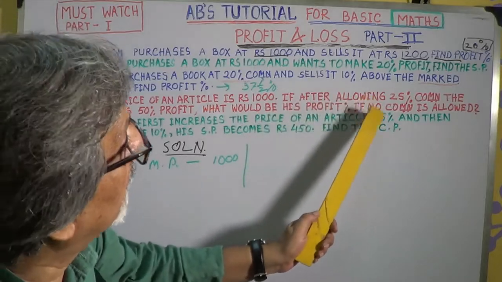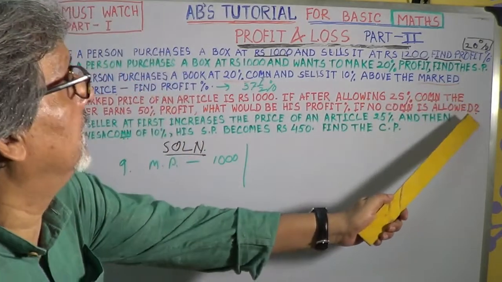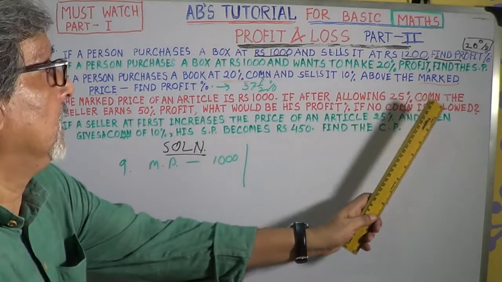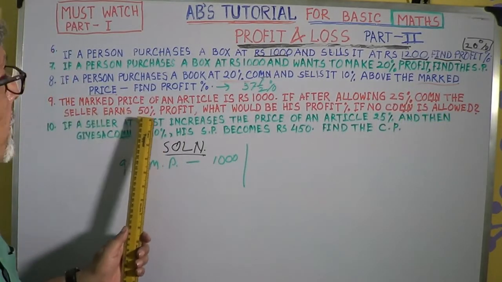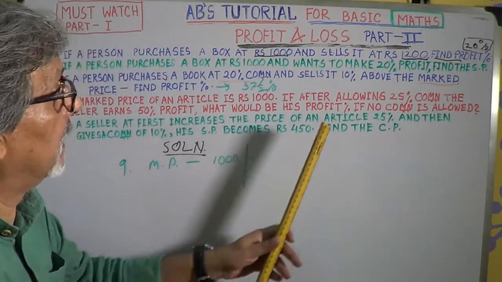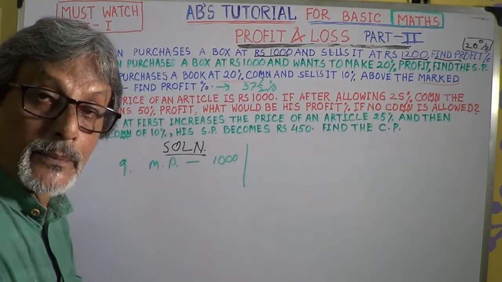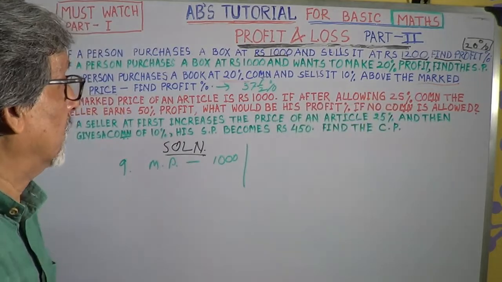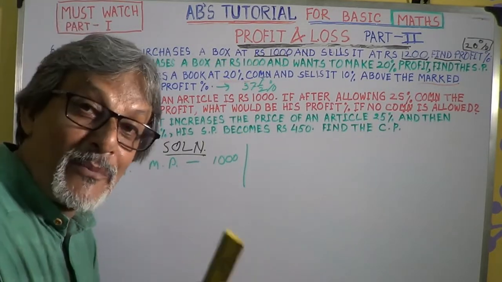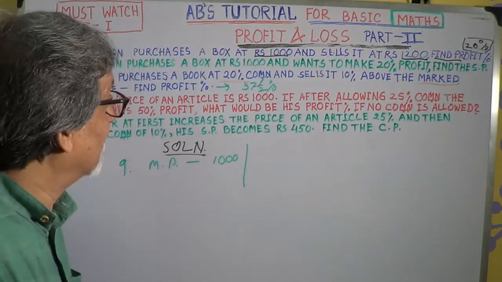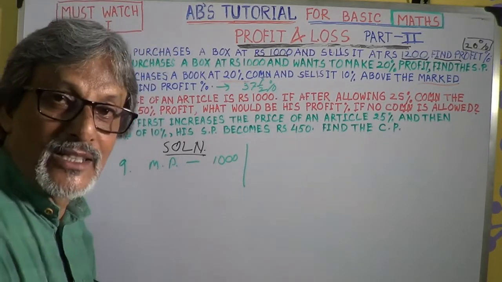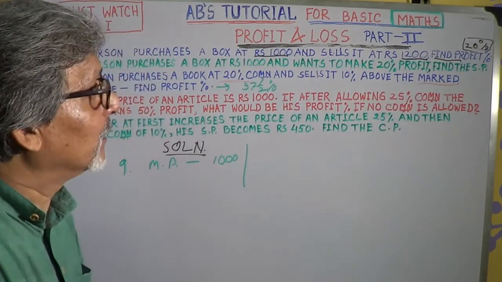If after allowing 25% commission, the seller earns 50% profit. Mind it, he is allowing 25% commission, and in spite of that, he is making a profit of 50%. I am not telling that all businesses are doing this, but this is a strategy, a business policy.